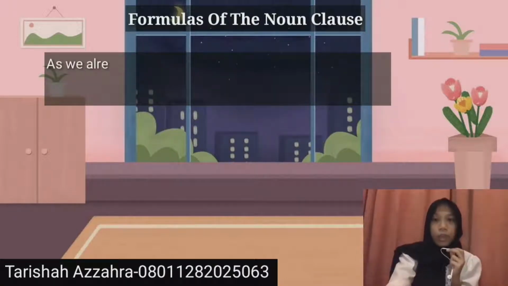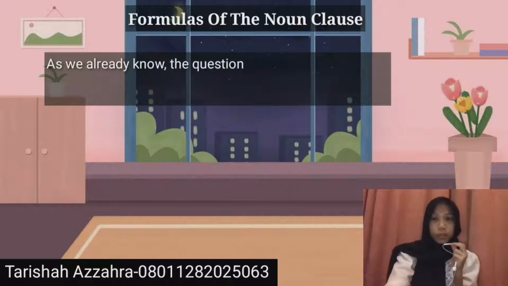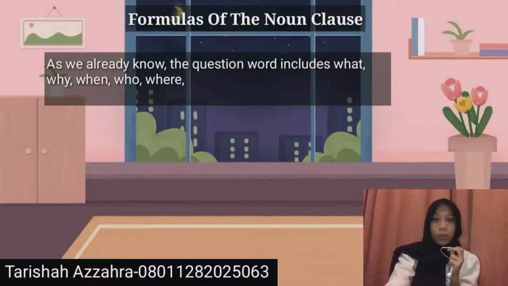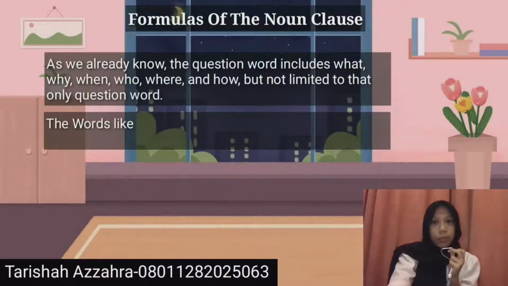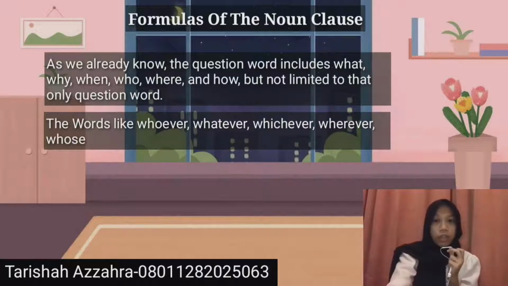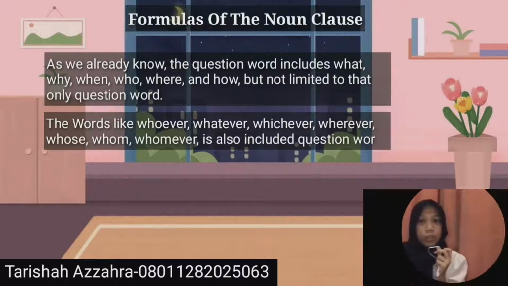As we already know, the question words include what, why, where, who, when, and how, but not limited to only those question words. The words like whoever, whatever, whichever, and wherever also include the question words.